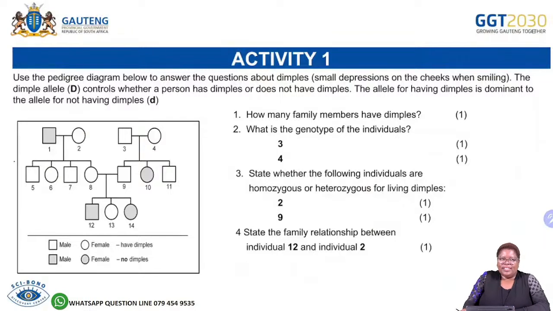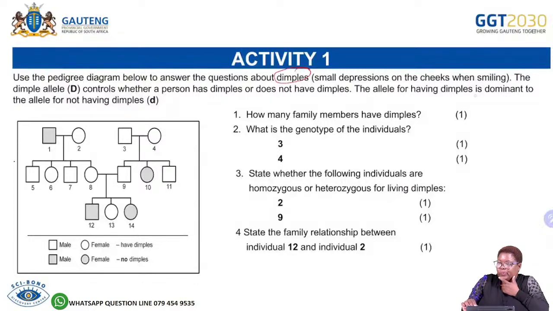Let's look at this activity. It's important to read and understand all the questions in place. Let's read the question. Use the pedigree diagram to answer the question about dimples, and I'm explaining within the brackets that dimples are small depressions on the cheeks when smiling. You can check your friend next door if they've got those dimples.